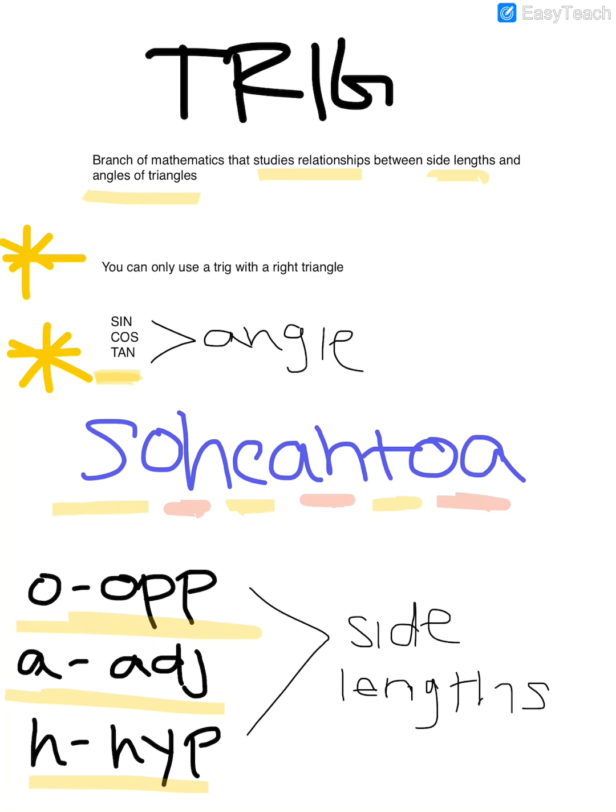So let's start off with an example, and I'll walk you through it, and I will just go through explaining everything. So, like I said, please remember that trig is only done with a right triangle. So if you draw a triangle like this, which has clearly no right angles, you cannot do trig with this triangle.